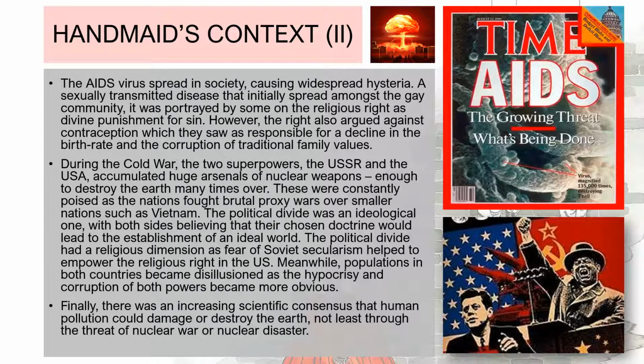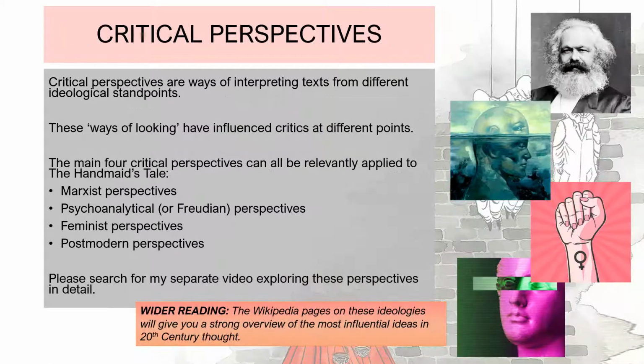Many of those political contexts are represented in Atwood, in the Handmaids. We might also think, or you should think, also about the literary contexts or literary critical perspectives in which we could view the Handmaids.